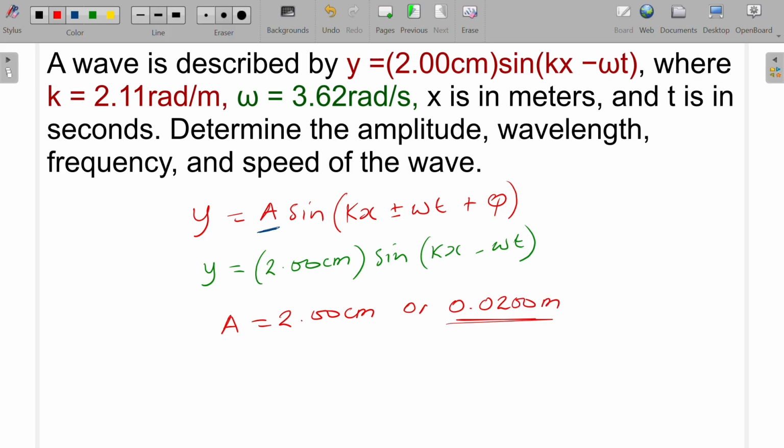So you can either report it as 0.02 meters or 2.00 centimeters. This is what we have for the first part.